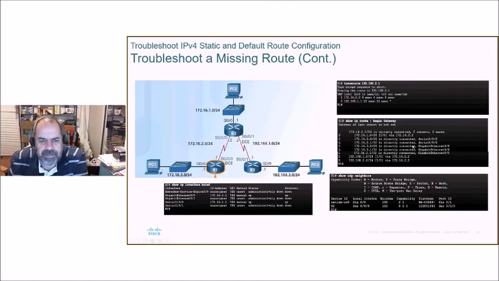And show it's got a routing table. And so we've got 172.16.1, which is that LAN.